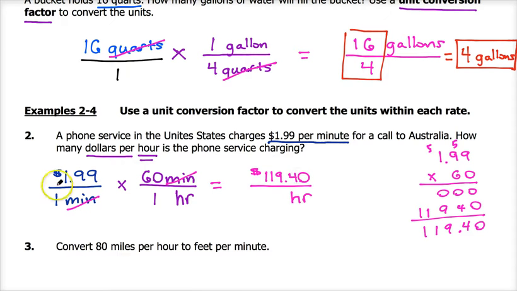And then we have a 1 times 1 in the bottom, so that's 1 hour. So the total charge in dollars per hour the phone service is charging is $119.40 per hour.